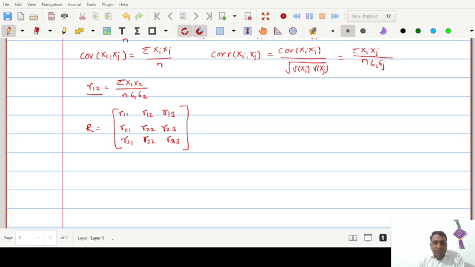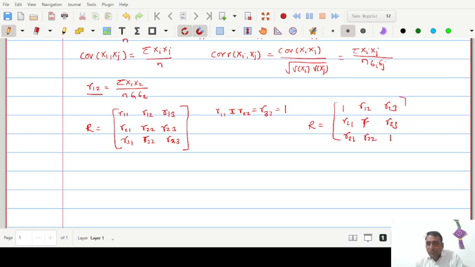We know correlation between x1 and x1 is 1, so R11, R22 and R33, all these terms are 1. So finally we get the correlation variance covariance matrix as 1, R12, R13; R21, 1, R23; R31, R32 and 1. This is your variance covariance matrix.